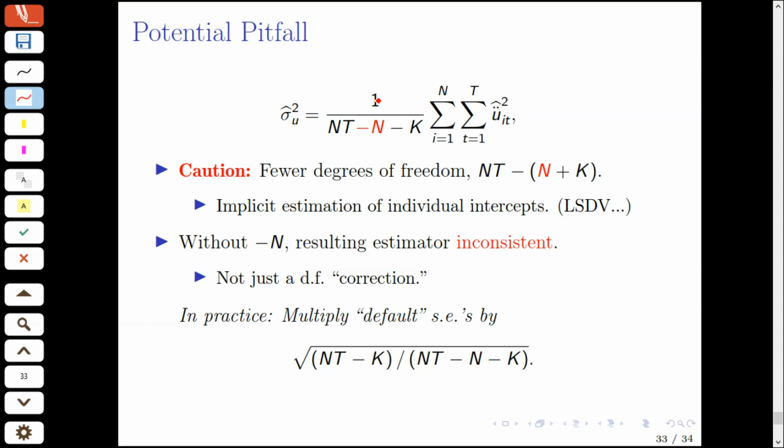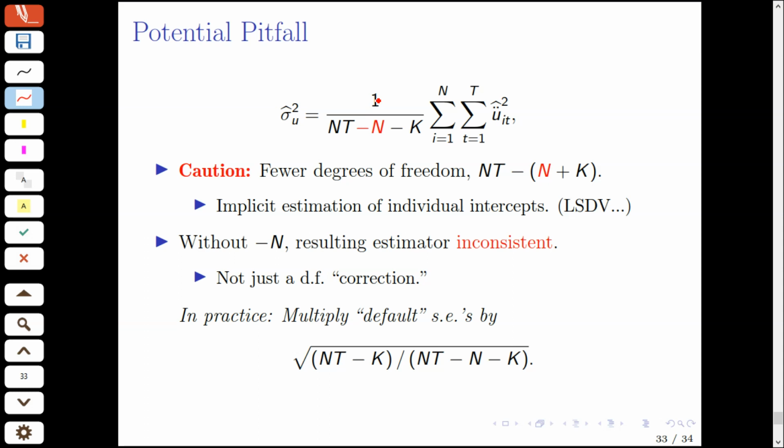The reason for subtracting these additional n is our implicit estimation of individual intercepts. Think back to the algebraic equivalence between the within transformation or fixed effects estimator and least squares dummy variables, where we explicitly estimated n individual specific intercepts.